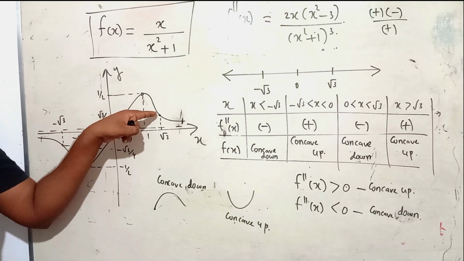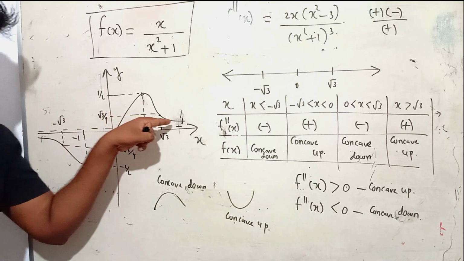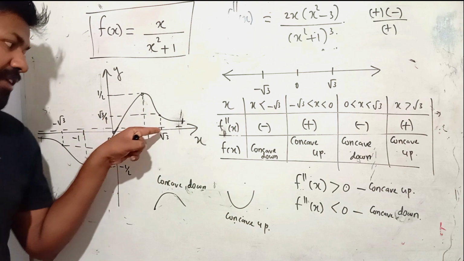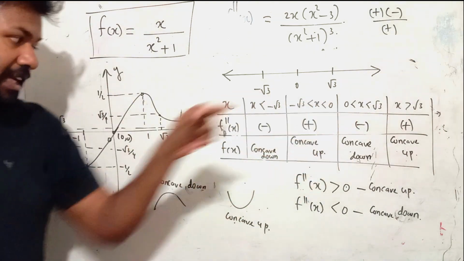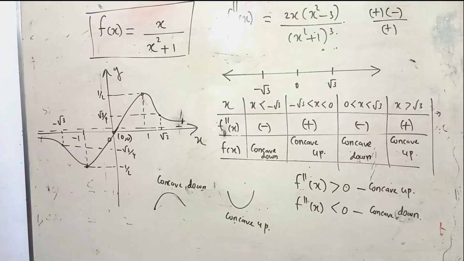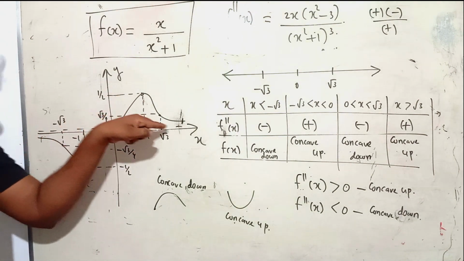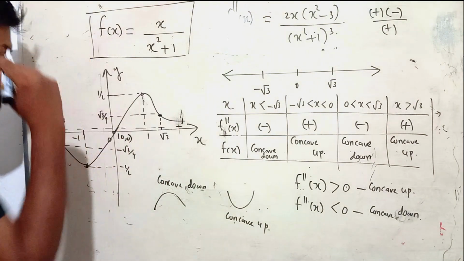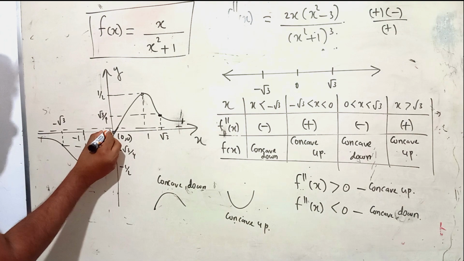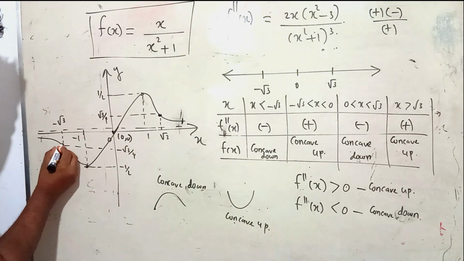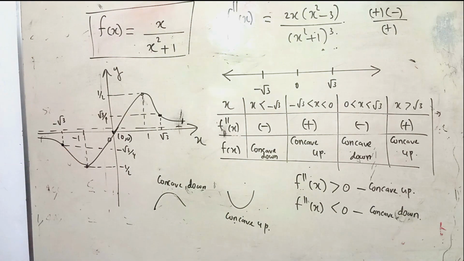But somewhere here the concavity is changing. When x is greater than root 3, it's changing to concave up. It's concave down and then concave up. So here somewhere the concavity is changing, at the origin. Here also the concavity is changing.